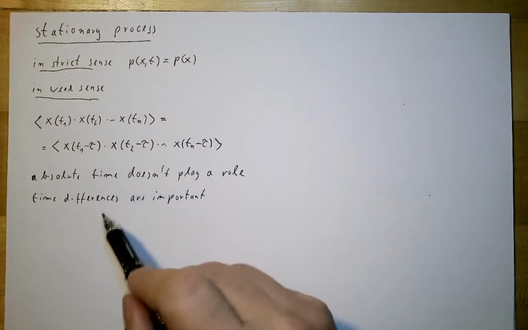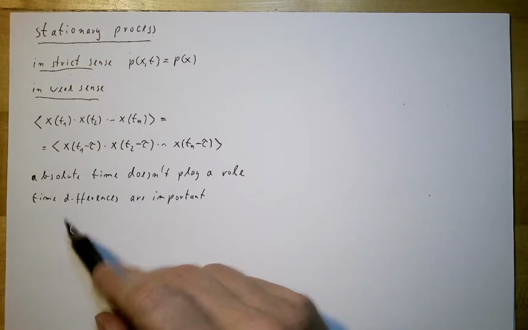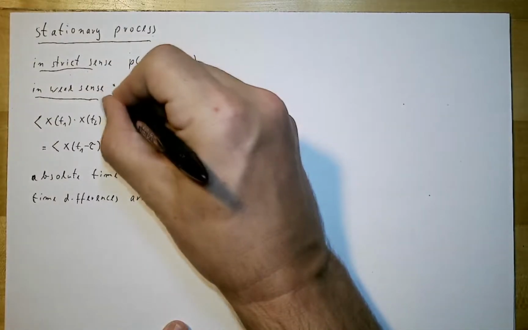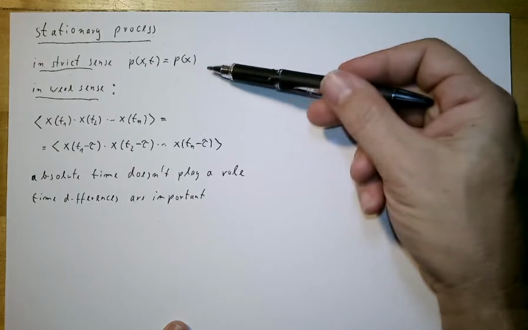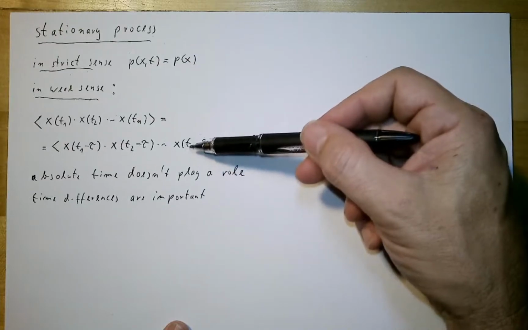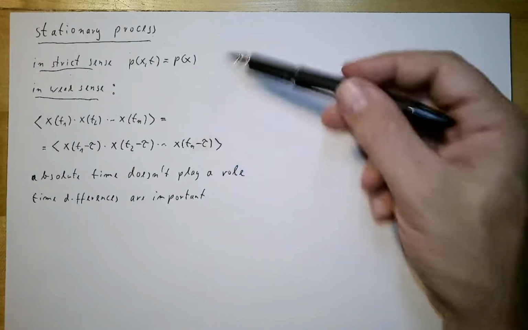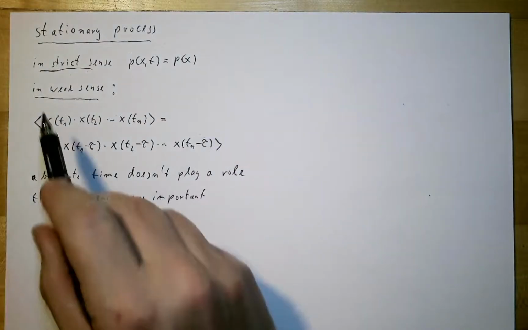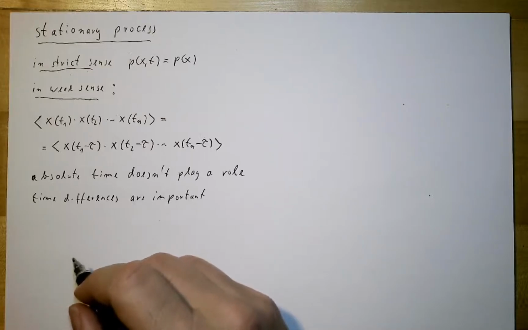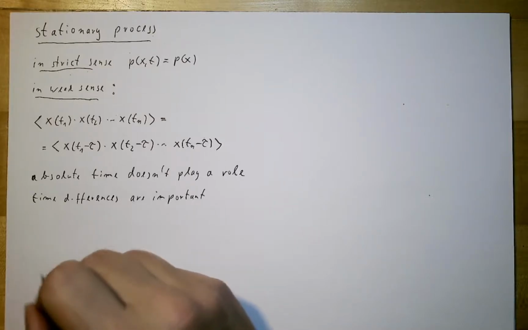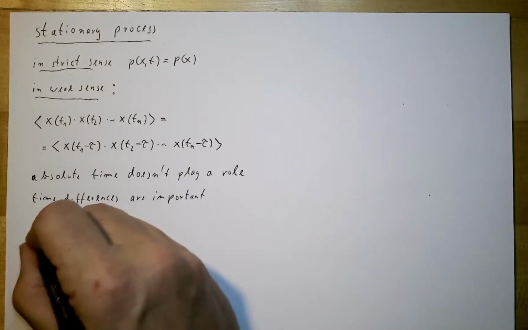So now, what does this mean for some moments? First, I mean, it's clear when we have a stationary process in the strict sense, then we have also stationarity in the weak sense. I mean, that you can show easily. So now let's speak only about stationary in the weak sense. What does it mean for example for the moment, the expectation?